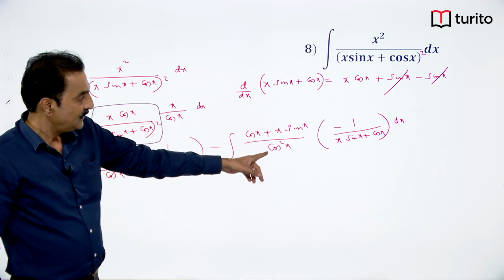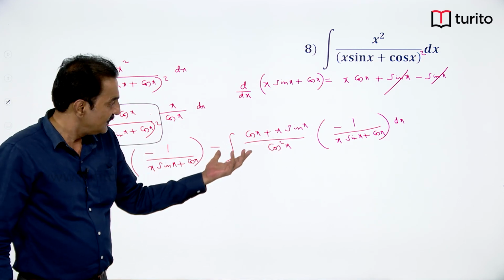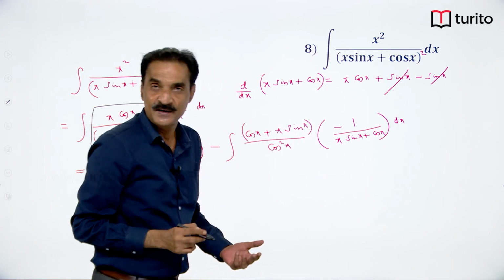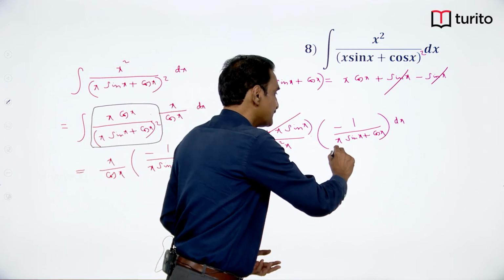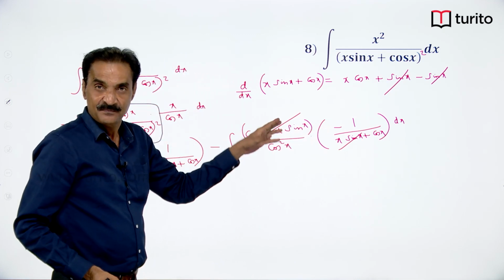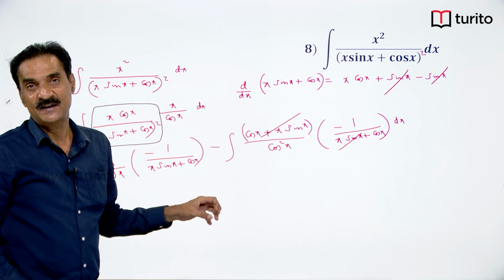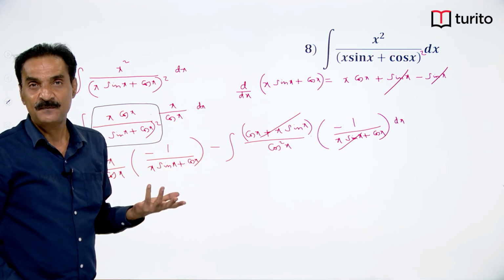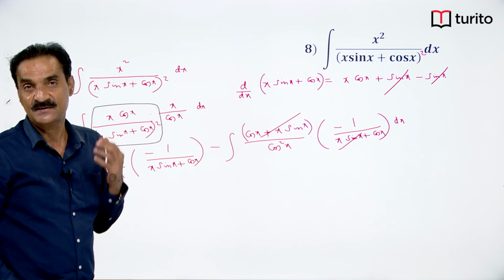Now we have to calculate this integral, but this x sin x plus cos x is there in the denominator also, so we cancel it. What is the remaining? Minus of minus plus 1 integral 1 by cos square x, that is integral secant square x. It is a direct formula, integral of secant square x is tan x.